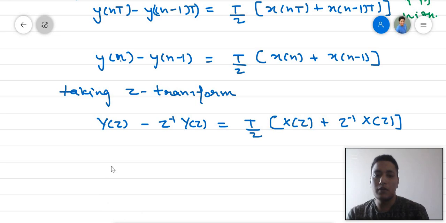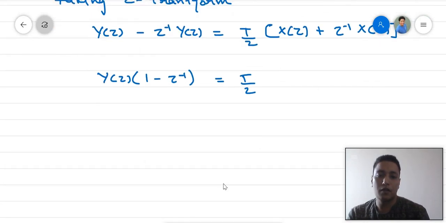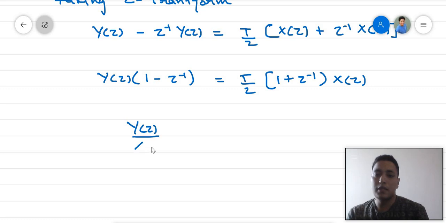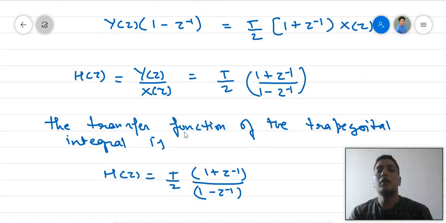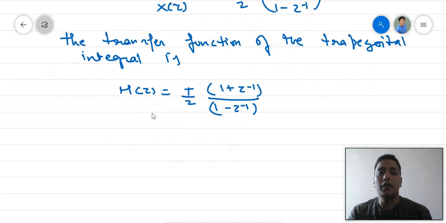Now taking Y(z) common, Y(z) times (1 minus z inverse) equals T by 2 times (1 plus z inverse) into X(z). Now Y(z) by X(z) is nothing but H(z), which is the transfer function of the digital filter, and it is equal to T by 2 times (1 plus z inverse) over (1 minus z inverse). So we obtained the transfer function of the trapezoidal integrator: H(z) equals T by 2 times (1 plus z inverse) over (1 minus z inverse).